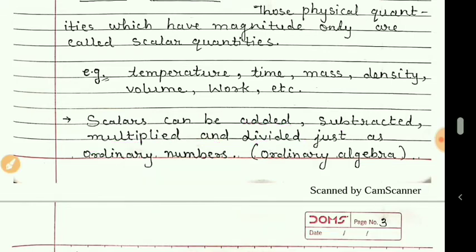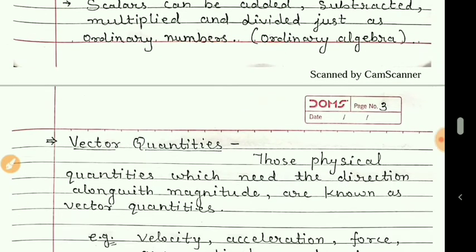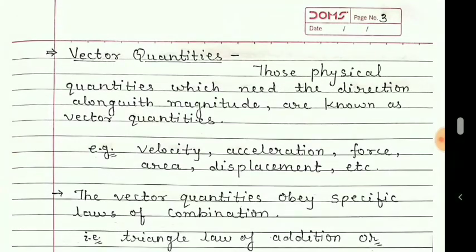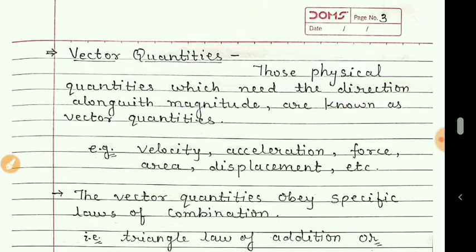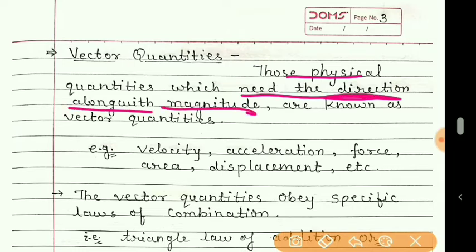But when we say the quantity is a vector quantity, then for vector quantities magnitude is important as well as there should be direction. So those physical quantities which need the direction along with magnitude are called vector quantities.